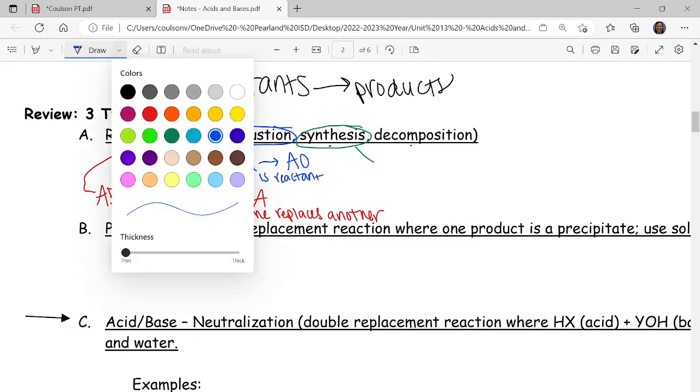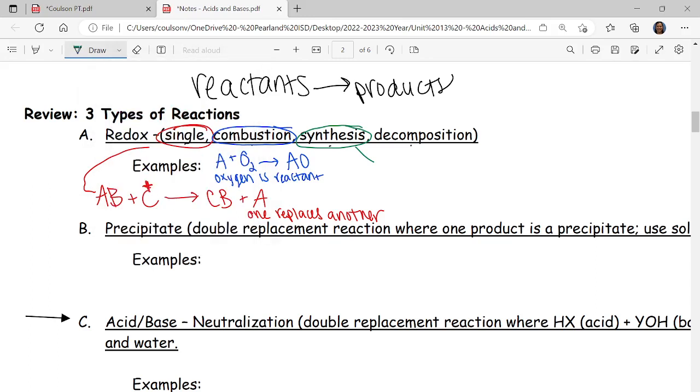In a synthesis reaction, what is that? To create something. So in a synthesis reaction, we can tell that it's synthesis because why? Multiple reactants coming together to form one product. So in a synthesis reaction, just one product.